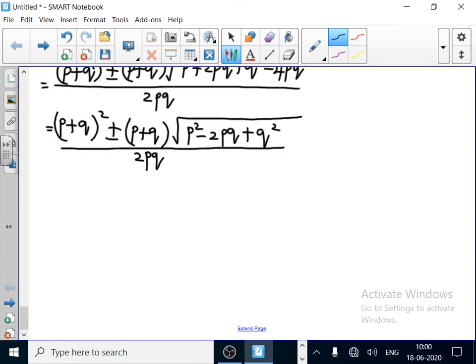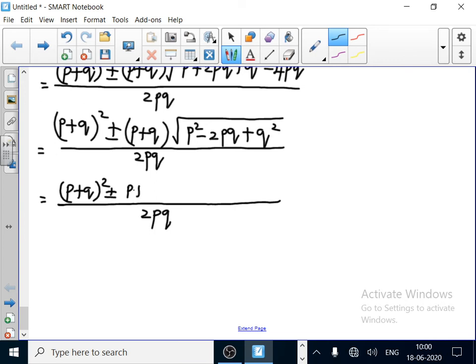That is equal to p plus q whole square plus or minus p plus q. This can be written as p minus q whole square. It is in the form p square minus 2pq plus q square, like a square minus 2ab plus b square. So we can write it as p minus q whole square within the square root.